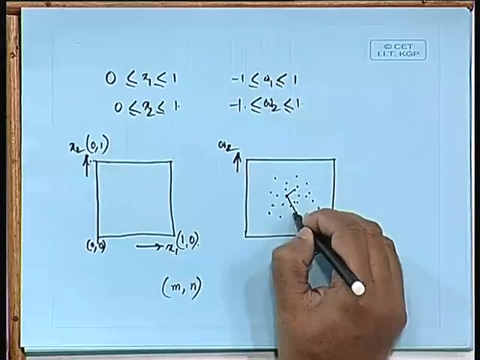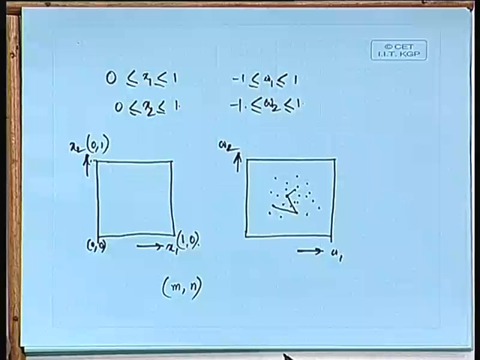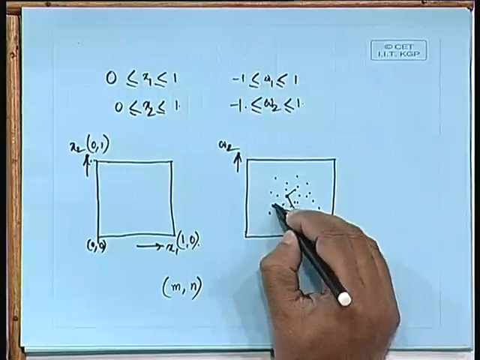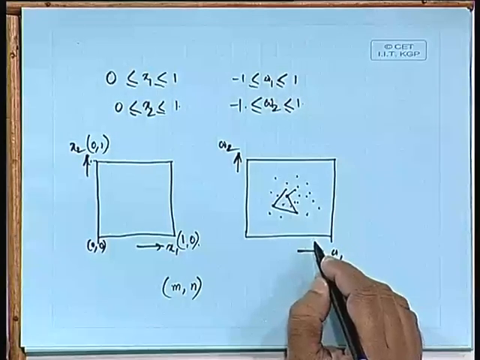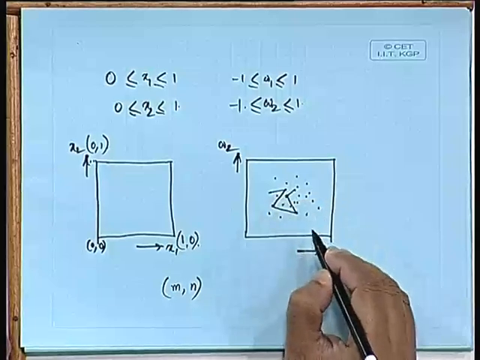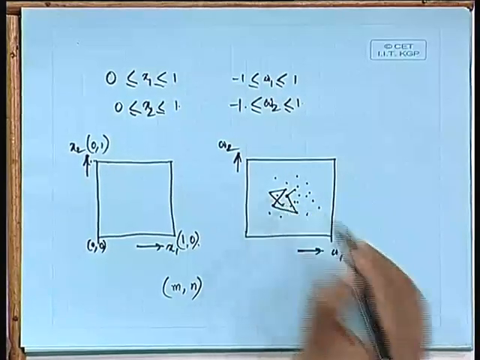Now, 1 0 is connected to 1 1, maybe that 1 1 vector is lying here. Again 1 1 is connected to 2 1, and supposing 2 1 is lying here, and supposing that 2 1 is connected to 2 2, it is lying here. And supposing 2 2 is connected to 1 2, and 1 2 is lying here.